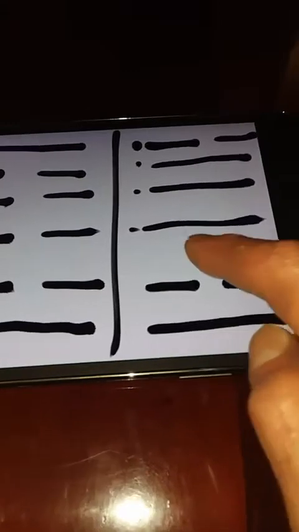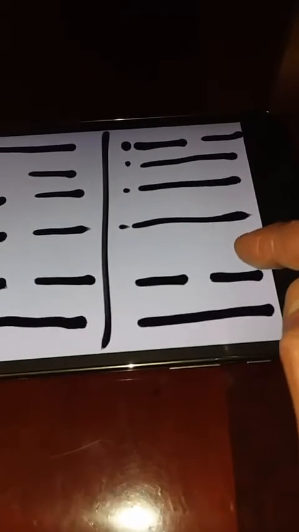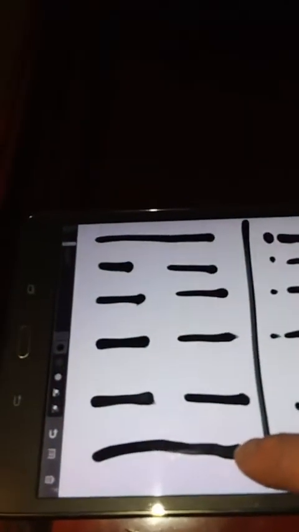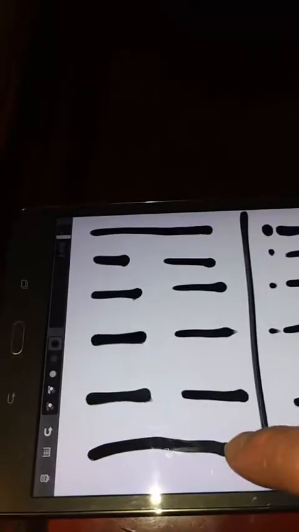So what we're going to do is consult this right here. So we know that we have this as our original divination reading.